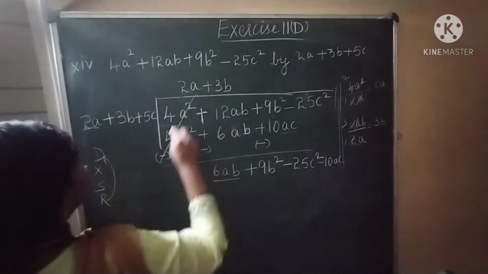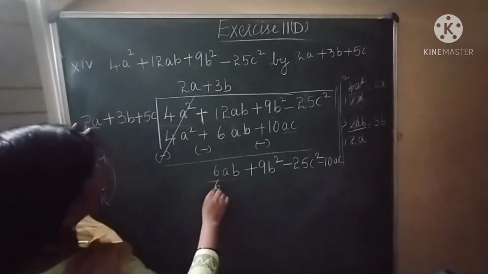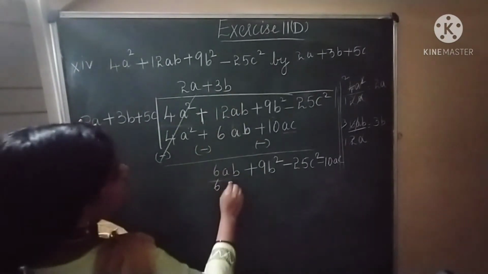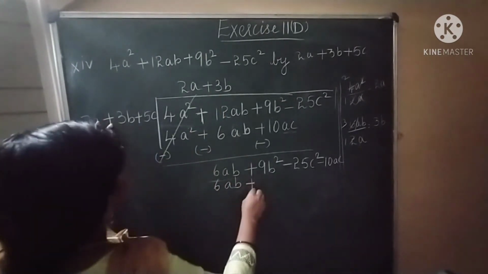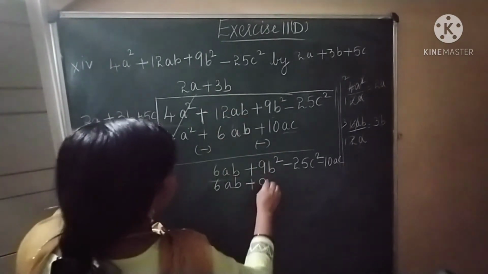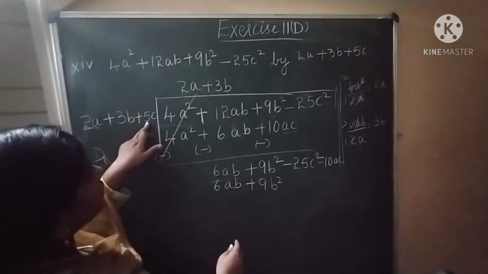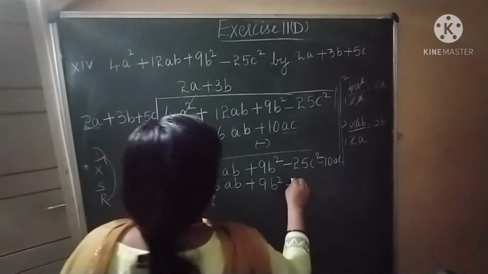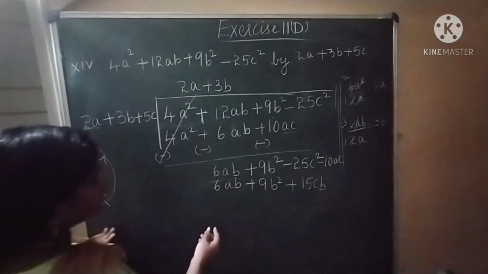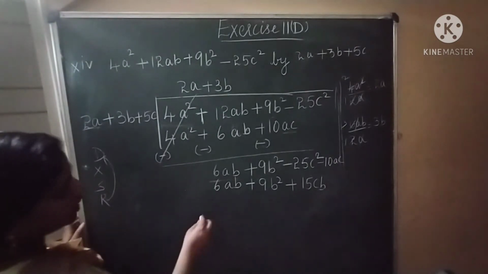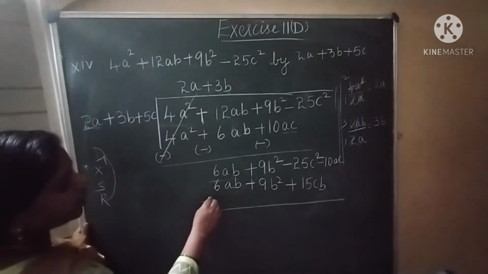Okay, so start multiplying. 2 into 3 gives you 6, a into b, 6ab. Plus into plus is plus. 3 into 3 is 9b square, b into b is b square. Then 5 3s are 15, plus 15cb. Next multiplication over. Next step is subtraction. So draw a line below and instead of plus you make it minus.